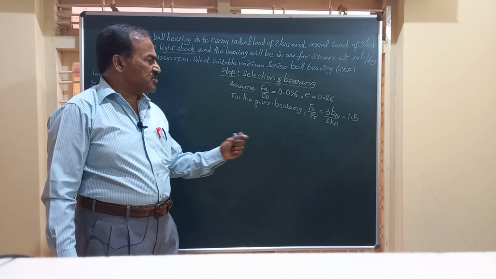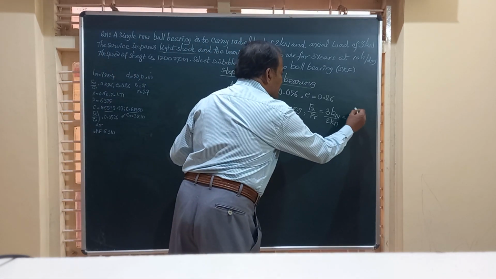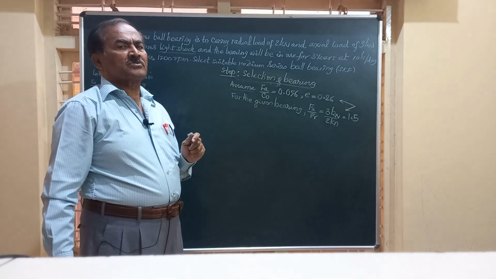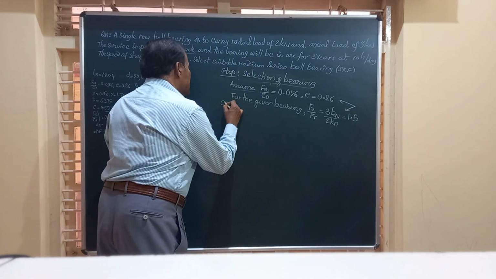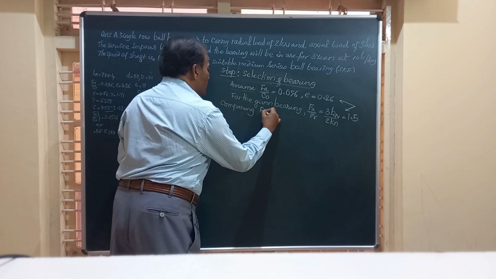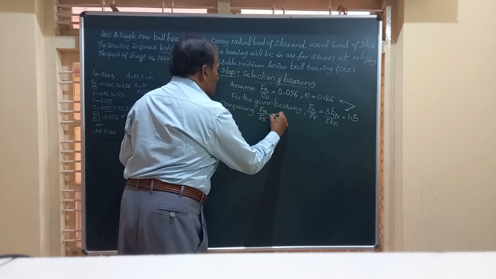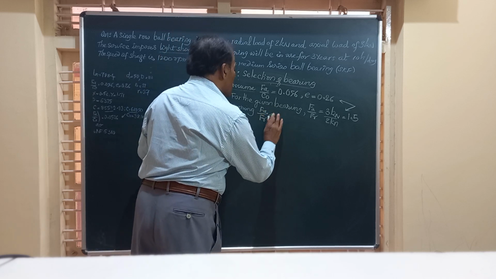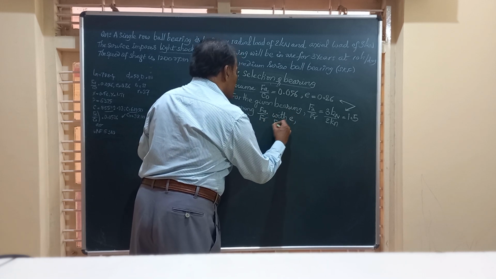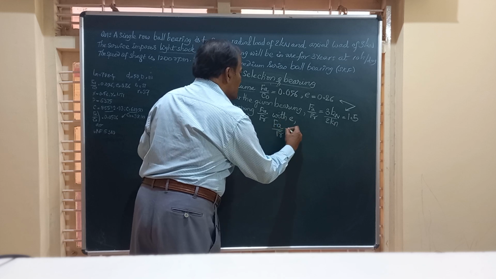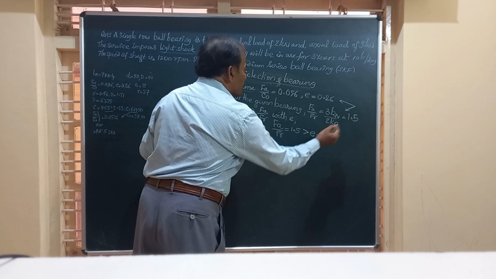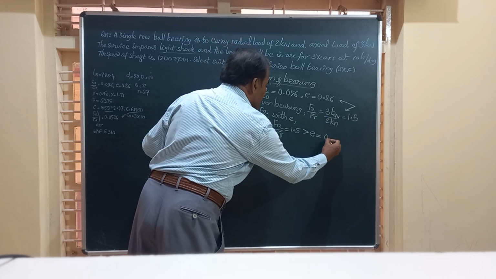After getting the ratio, we are going to compare this value of FA over FR with E. So I will write down, comparing FA over FR with E, we find FA over FR is equal to 1.5, greater than E, which is 0.26.